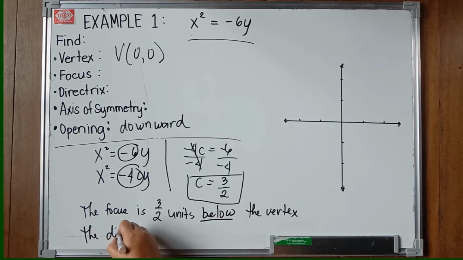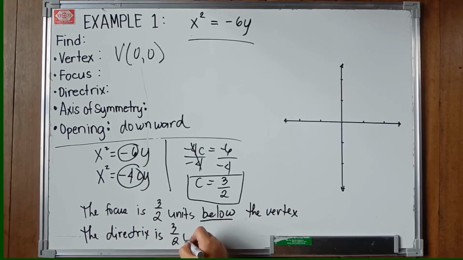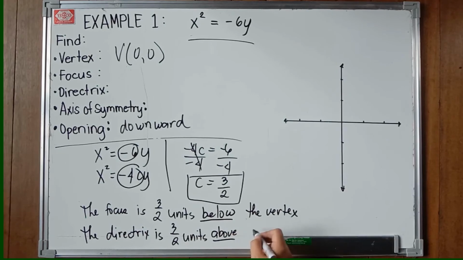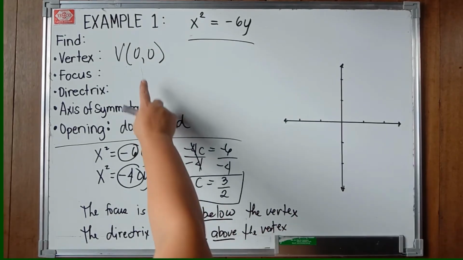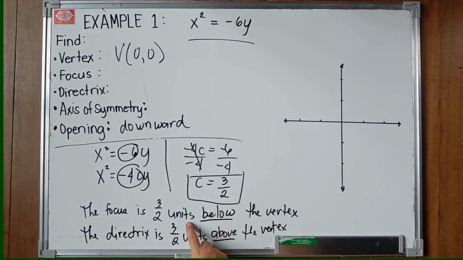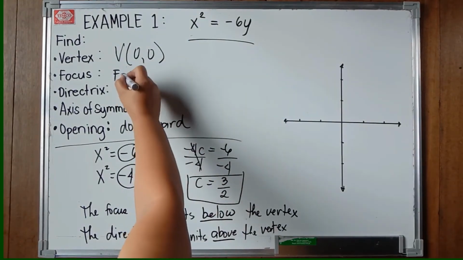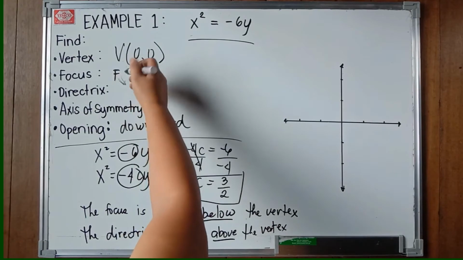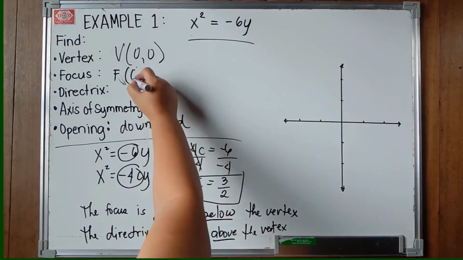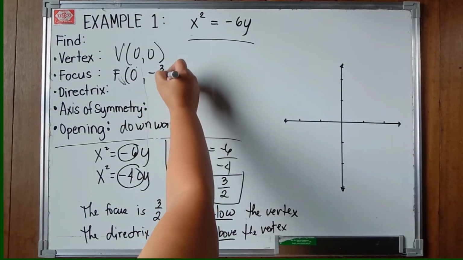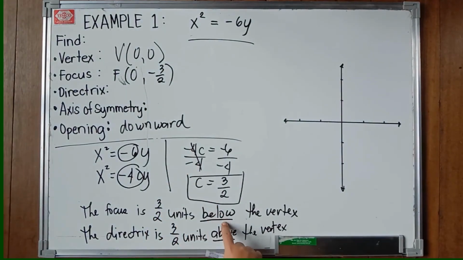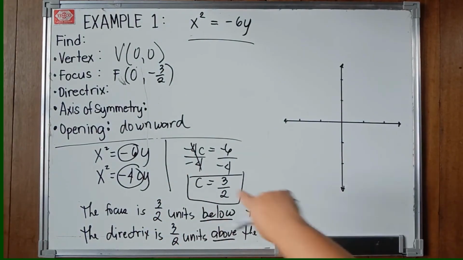Next, the directrix is 3 over 2 units above the vertex. 3 over 2 is equal to 1.5. So the focus is F equal to 0, negative 3 over 2, because it is below our vertex.